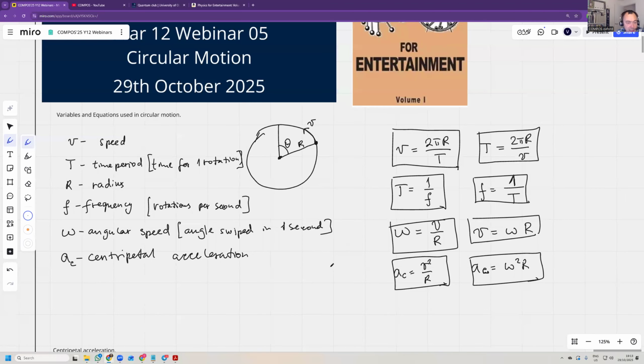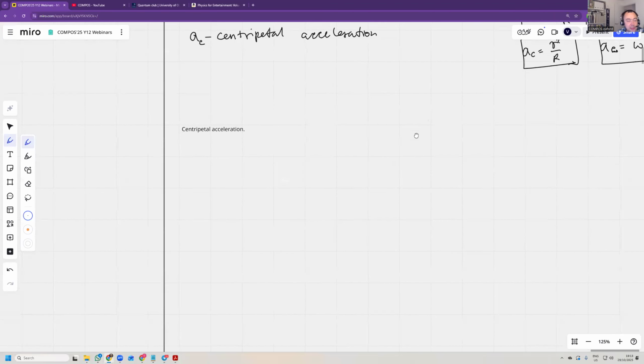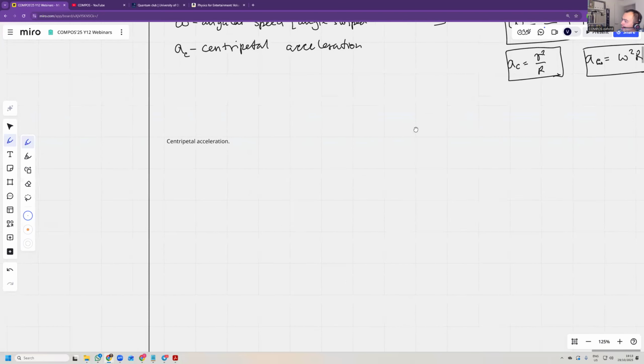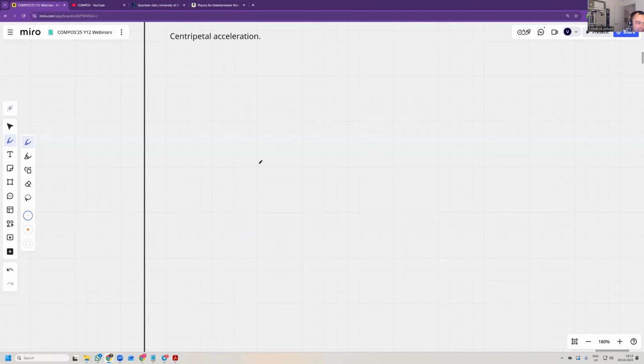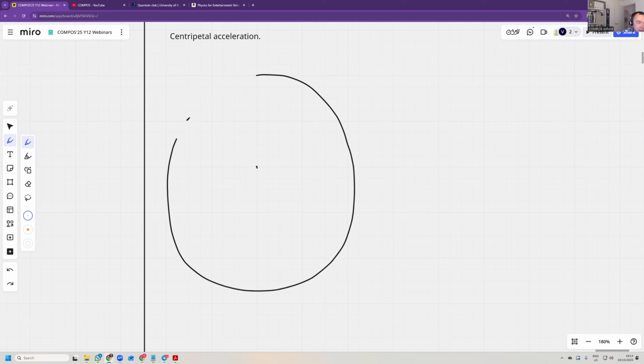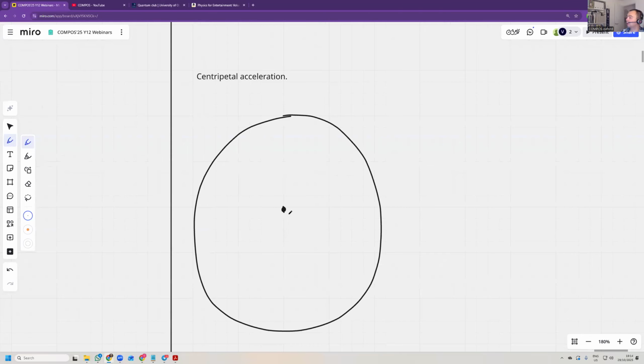And the next thing I want to talk about is centripetal acceleration. Now, how do you derive centripetal acceleration? So imagine you are moving in a circle. As I said, when you are moving around a circle, your velocity is changing, and that means you're accelerating.